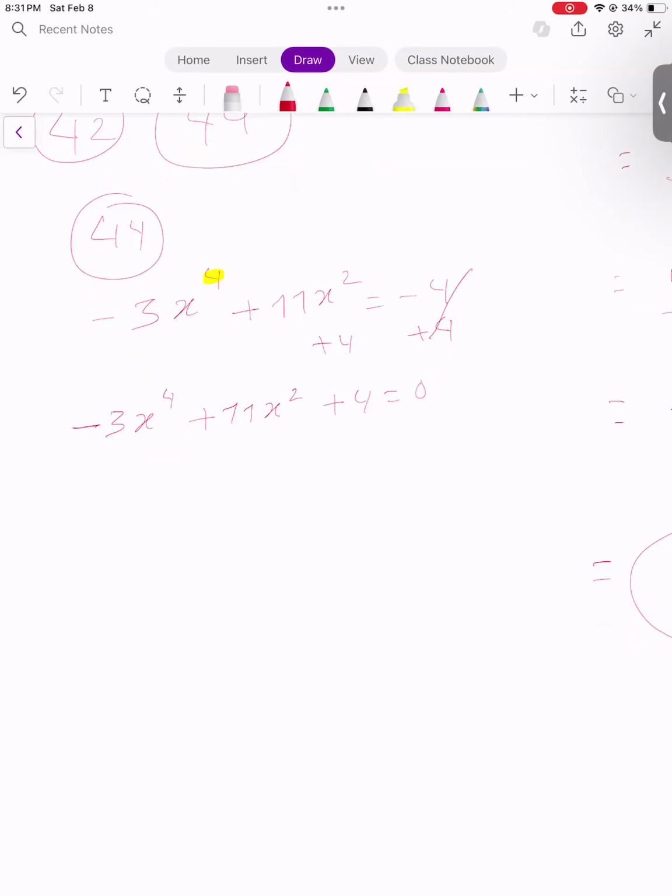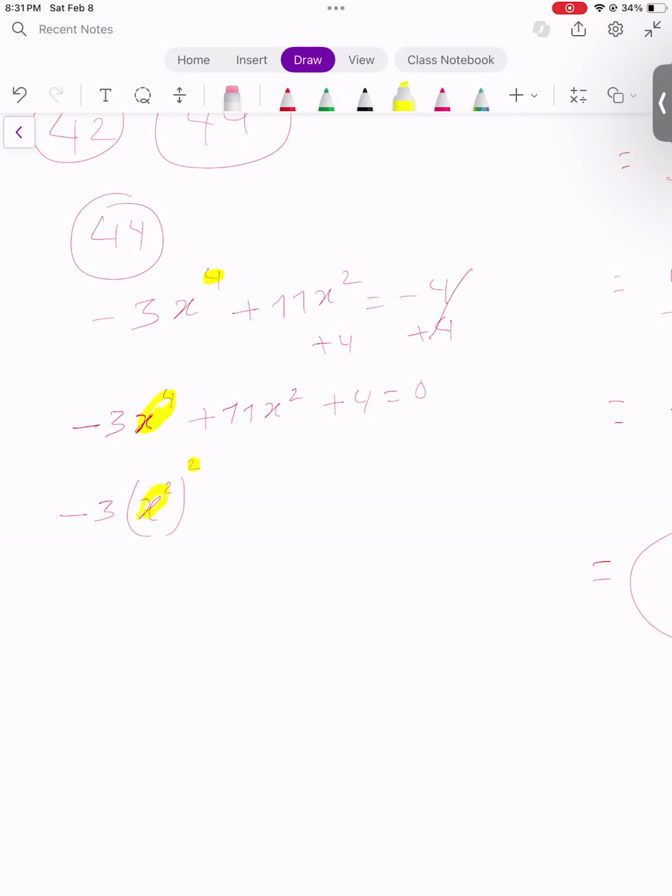Now we will rewrite this x to the power 4 in terms of a square term. Can we rewrite x to the power 4 as x squared to the power 2? Do you agree here? So if you have a polynomial equation with a degree 4, then you rewrite x to the power 4 as the square of x squared.